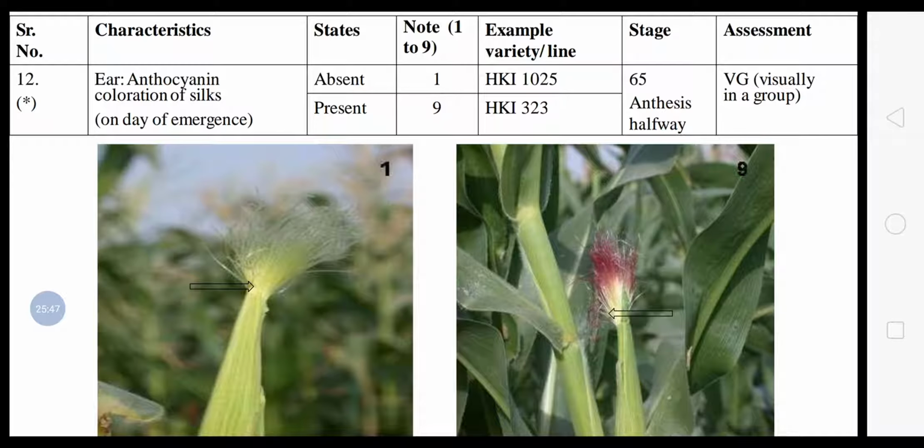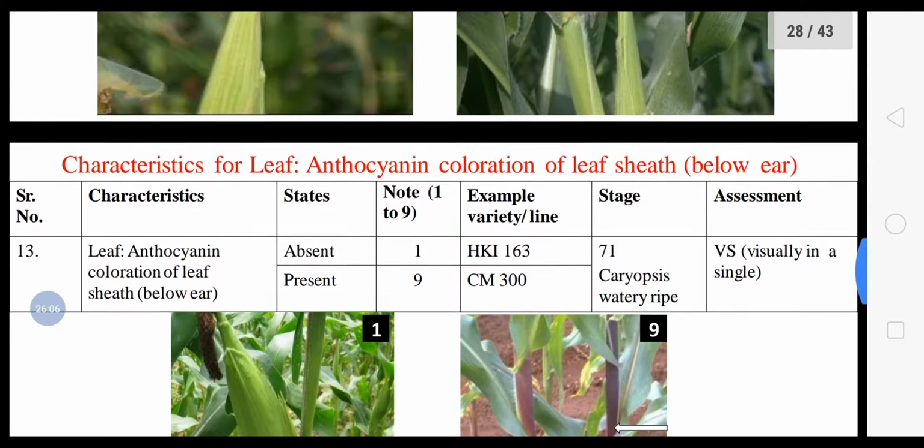Absent is scored as 1 and present is scored as 9. For absent, the example variety is HKI 1025 and present means HKI 323. Again, anthesis halfway is suitable to study this character, and visually in a group the characteristic is studied.